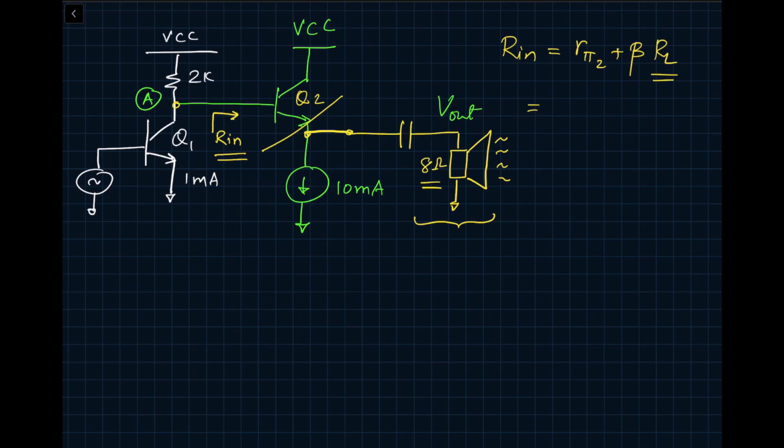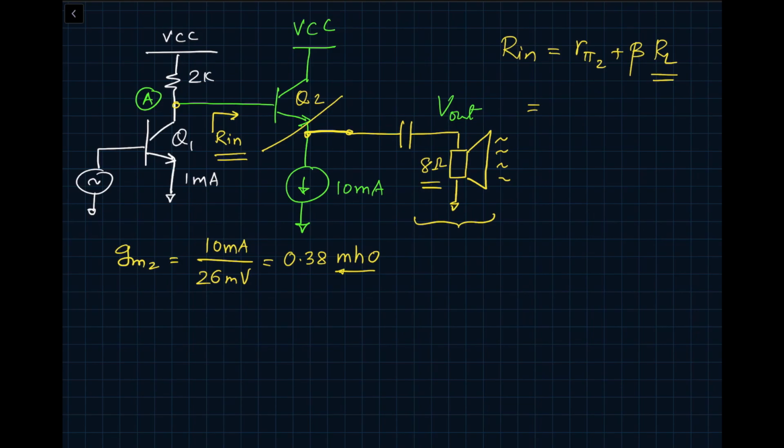Let's also calculate GM2 for the transistor Q2. So GM2 is equal to 10 milliamps divided by 26 millivolts, which is equal to 0.38, and the unit is MHO, which is the reverse of ohms, also called the Siemens unit.